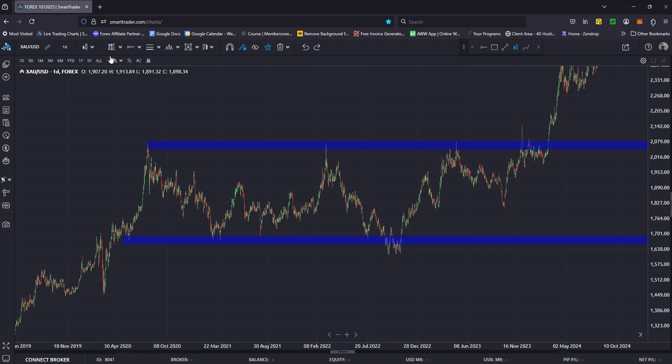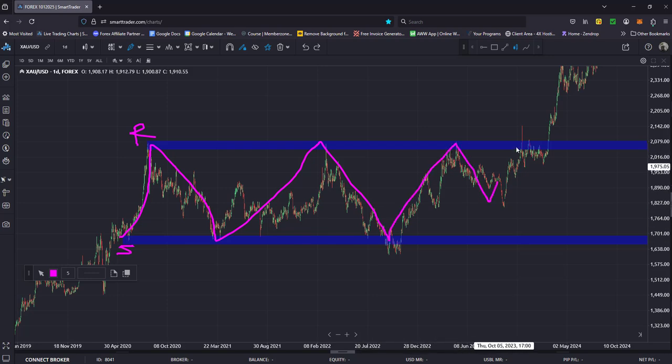So during this period on gold, the market was going sideways. We formed a level here that was support, a level here that was resistance, and when the market pushed up to this area here, the market bounced between this range until the market finally broke out.